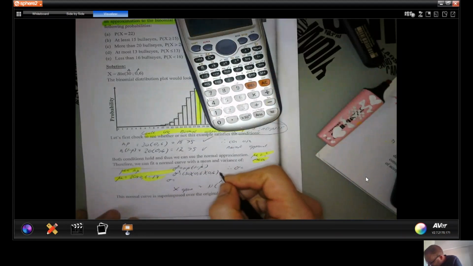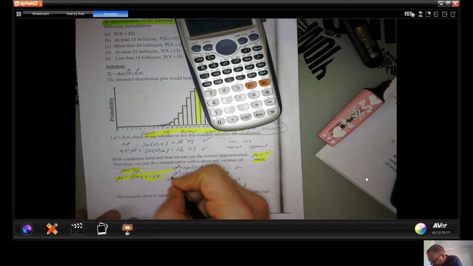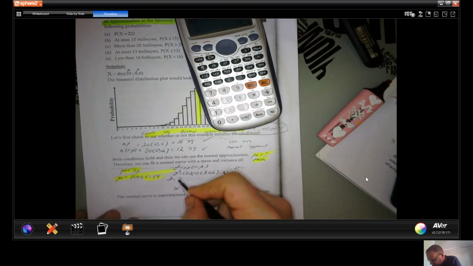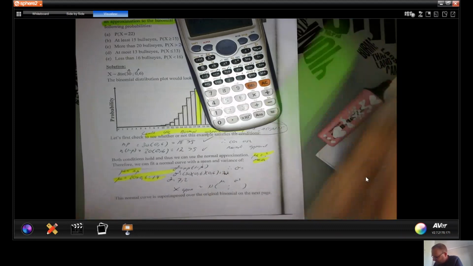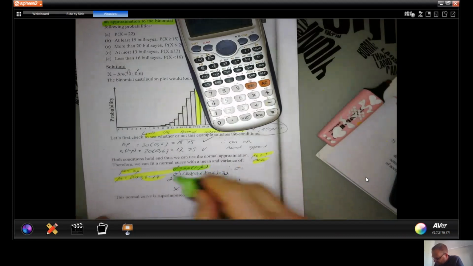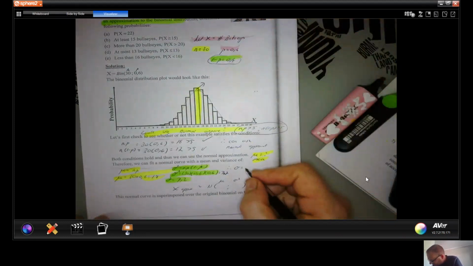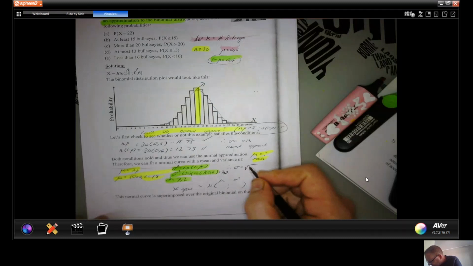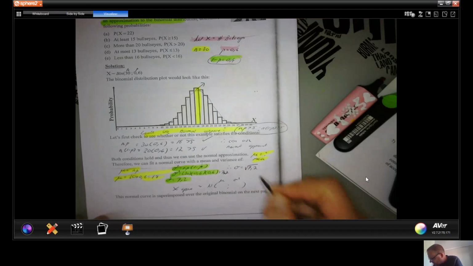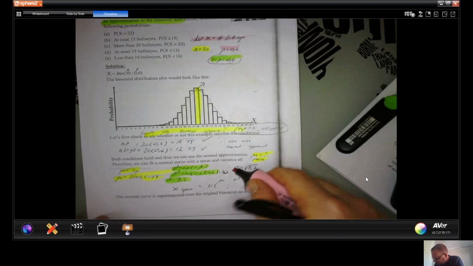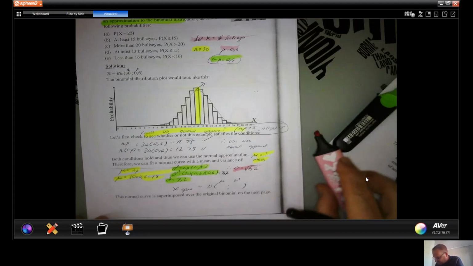So sigma squared is equal to 7.2. But what we're really going to be using, as you know, in a normal distribution, is the standard deviation. And that's going to be the most important thing. So my standard deviation is equal to the square root of 7.2. So those are my two crucial figures.